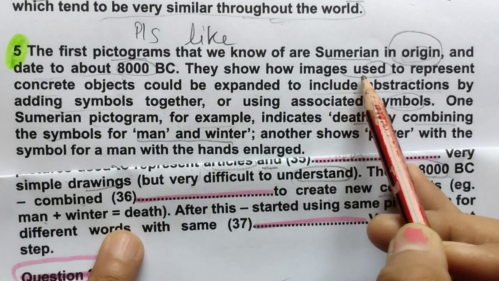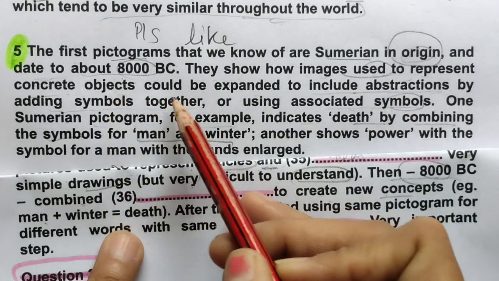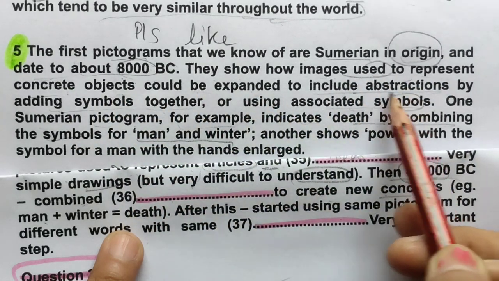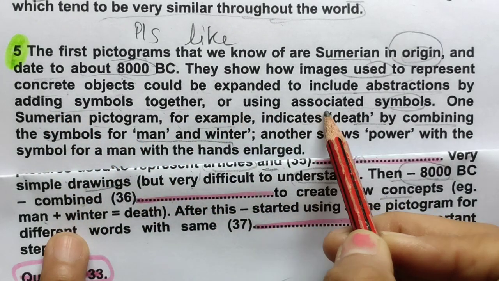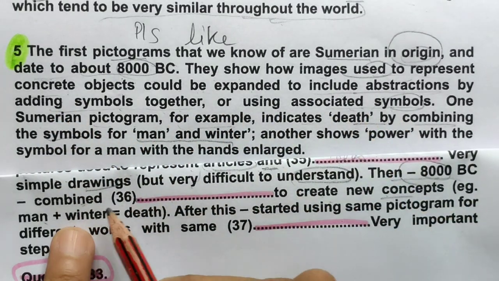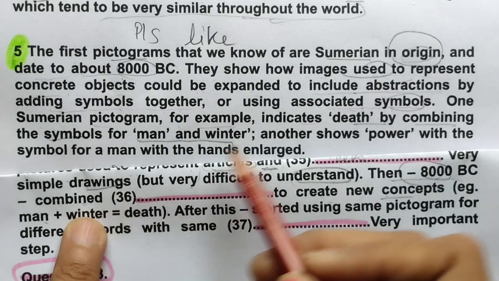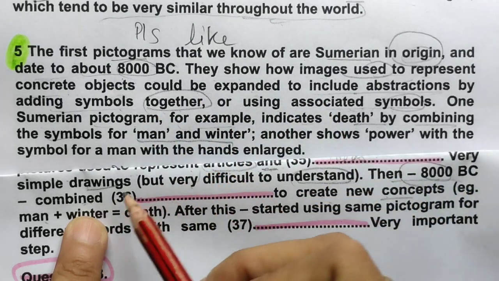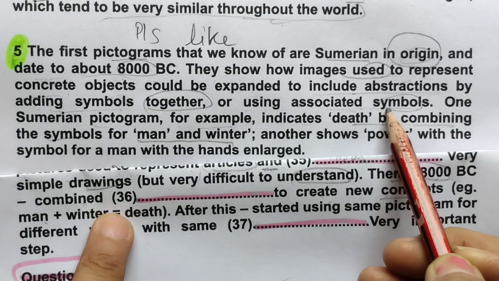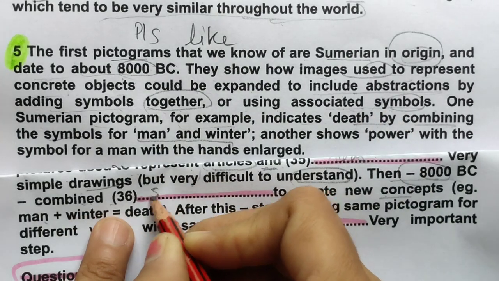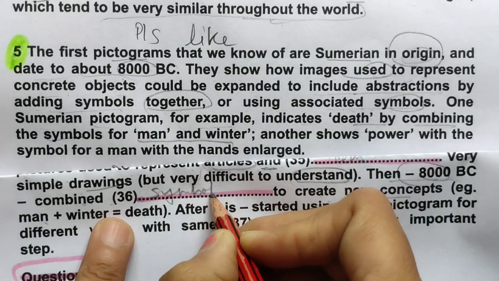They show how images used to represent concrete objects could be expanded to include abstractions by adding symbols together or using associated symbols. Combined together, okay, adding symbols together or using associated symbols. So combined symbols we can write here, symbols.